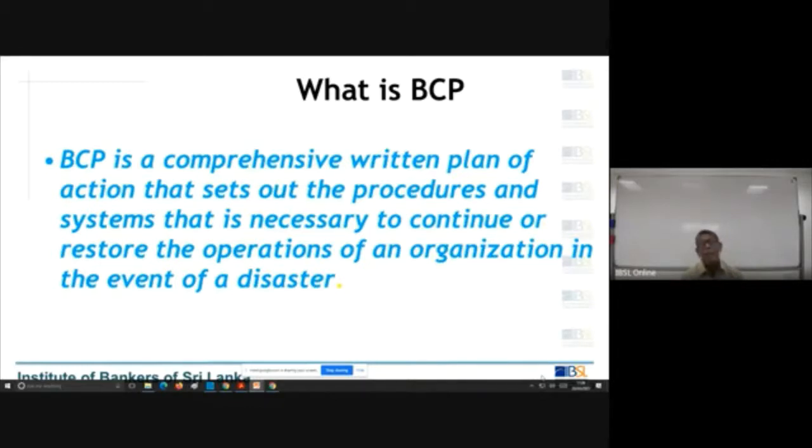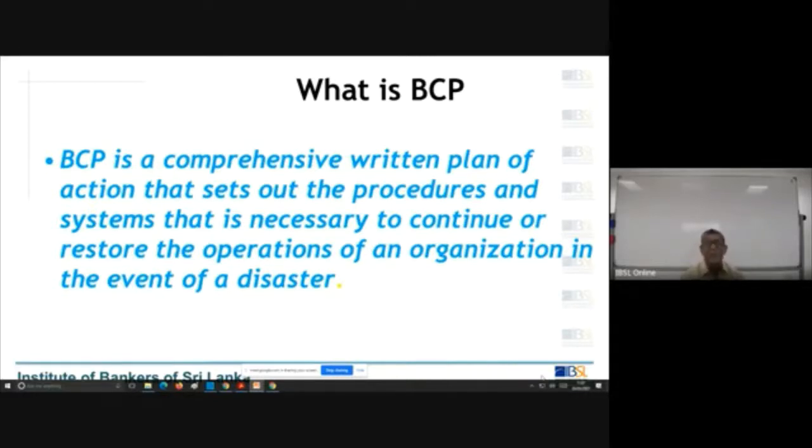So you must have a BCP. Coronavirus is a very good reason to review your existing BCP, right? We never expected incidents like this. So how does a bank provide services to the customer without interruption?